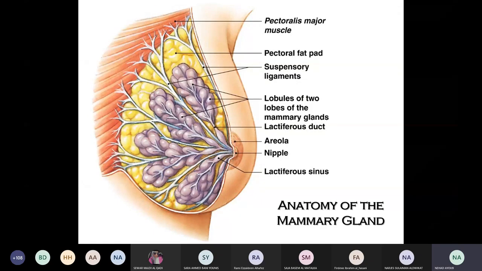Now, the mammary ducts and lobules are surrounded by fat tissue. We call this the stroma. The stroma is the fat and the other kinds of cells that we see in the surroundings of the mammary gland or mammary epithelium.